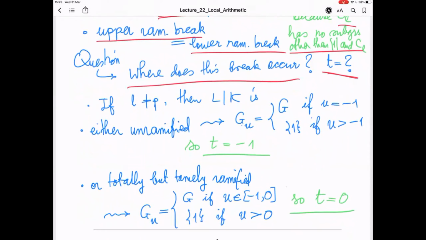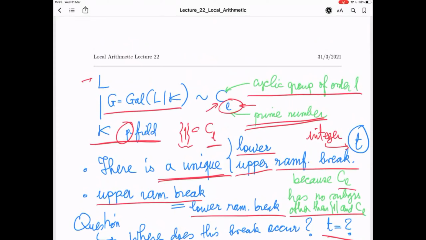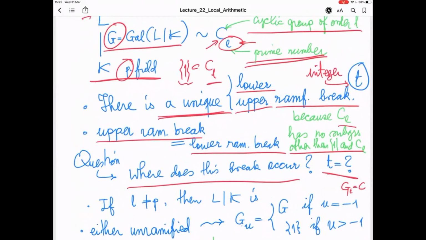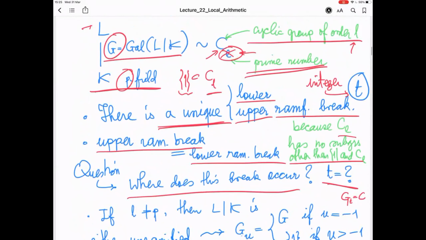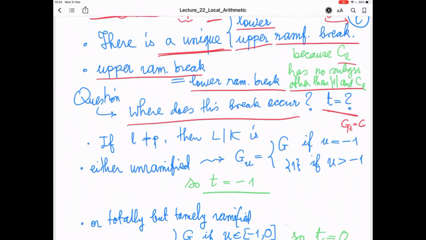The group is cyclic of order L, isomorphic to C, but the Galois group I'm going to continue to call G. So G sub T is equal to the whole of G, whereas G sub T plus epsilon is trivial for any epsilon which is strictly positive.